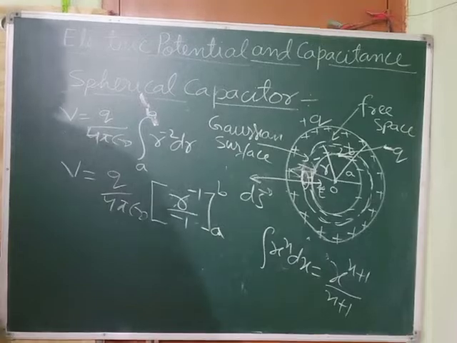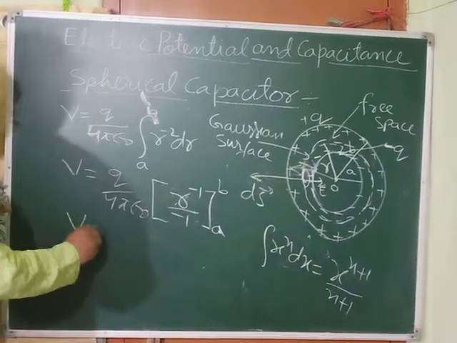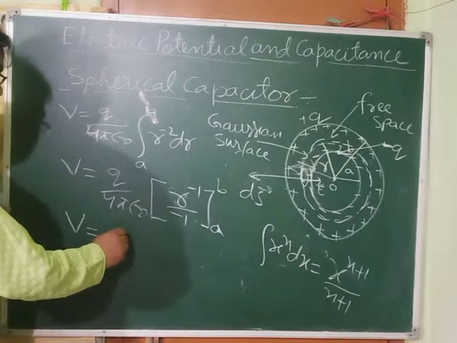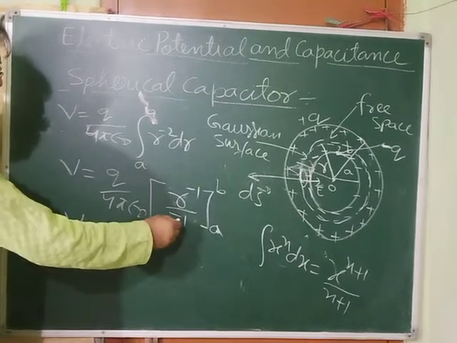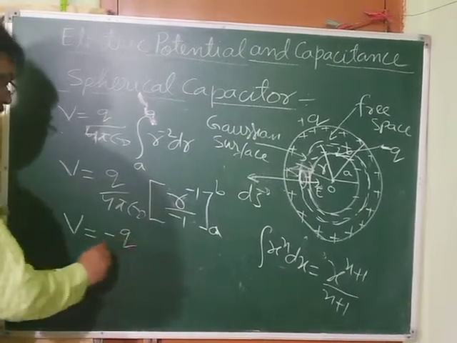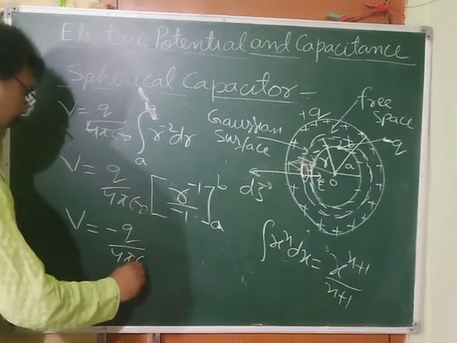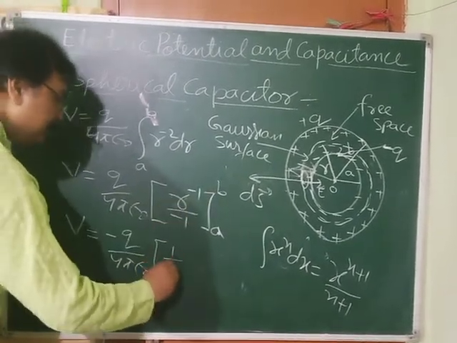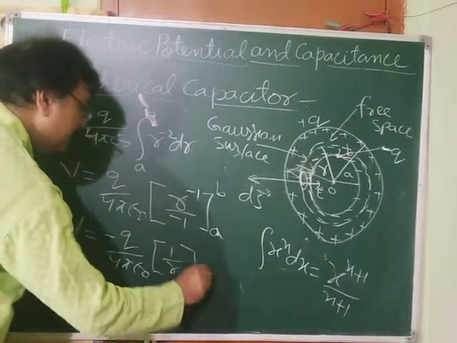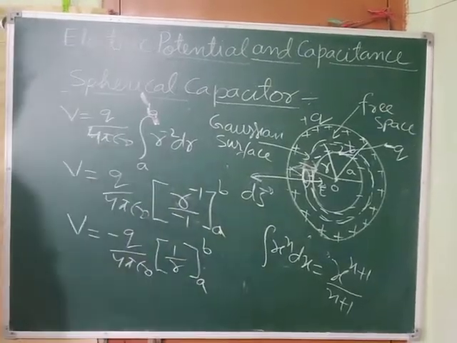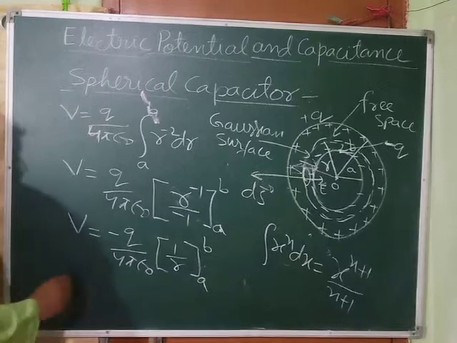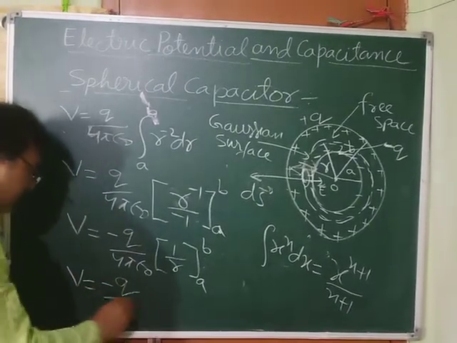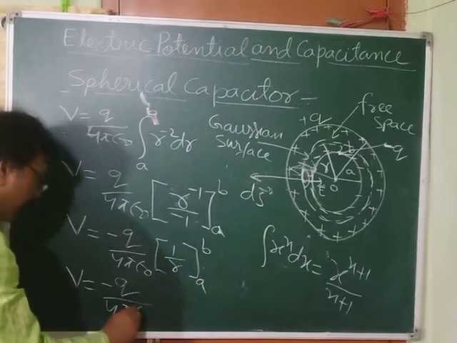Now, V is equals to, what we'll get? Due to this minus 1, we can write this Q by 4 pi epsilon naught. This R to the power minus 1 means 1 by R, A to B. Any doubt in this? No. Okay. So V is equals to minus Q by 4 pi epsilon naught.